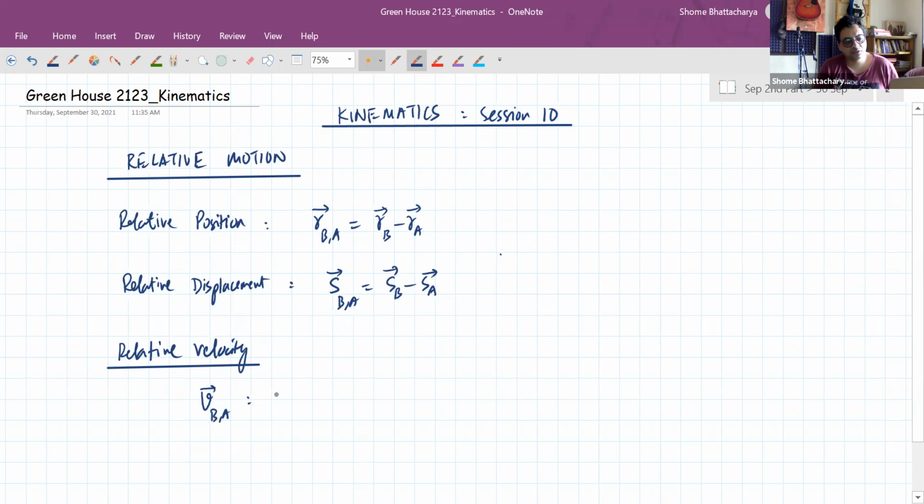So this is, for example, the relative velocity of some moving object, let's say B, with respect to another moving object A. So how will it be defined?